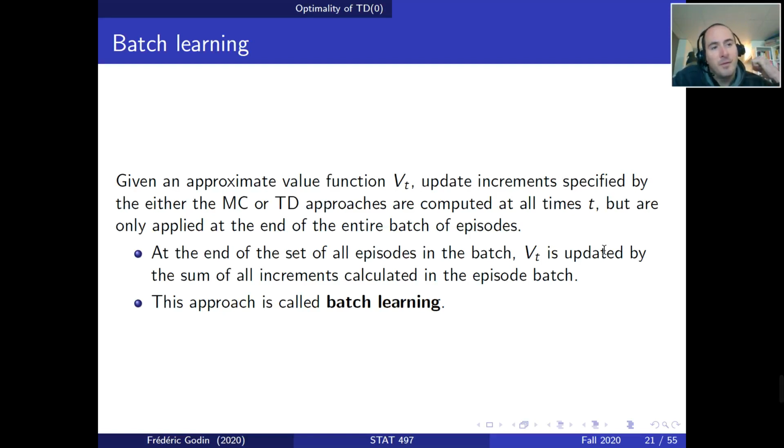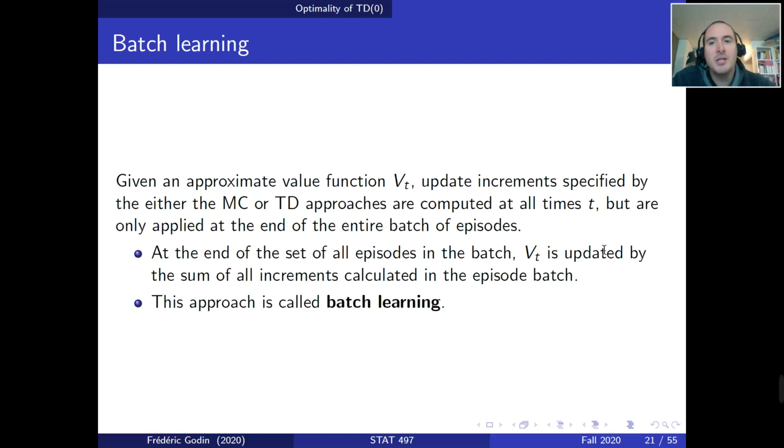So you feed multiple episodes to the algorithm, then the algorithm stores the various updates that need to be done instead of applying them right away. And then once you went through all of the episodes, only at this point you update the value function and the policy based on all updates recommended by your updating algorithm.